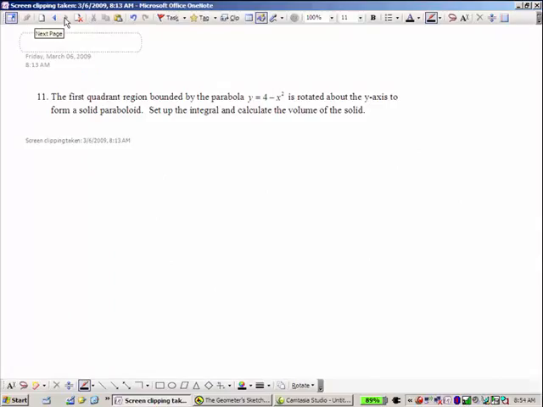Different shape. A parabola. So y minus x squared. Y minus x squared is opening down with intercepts at plus or minus 2. This says just the first quadrant part.